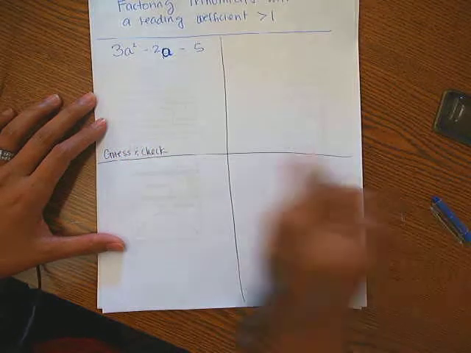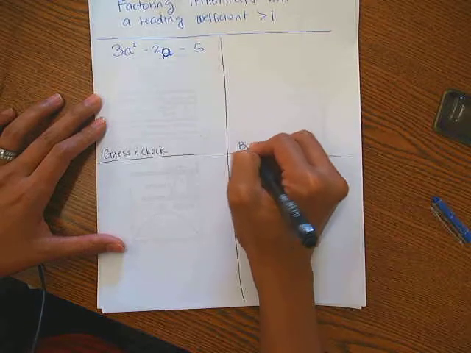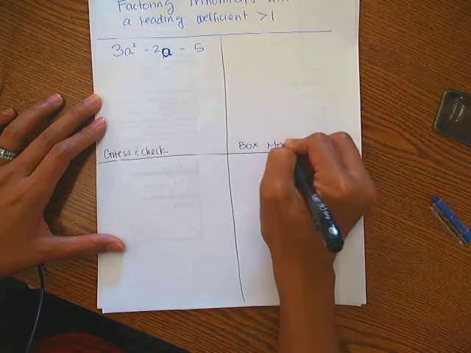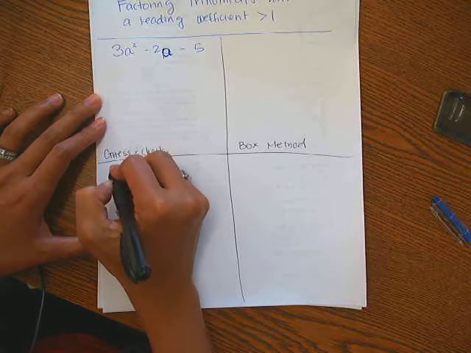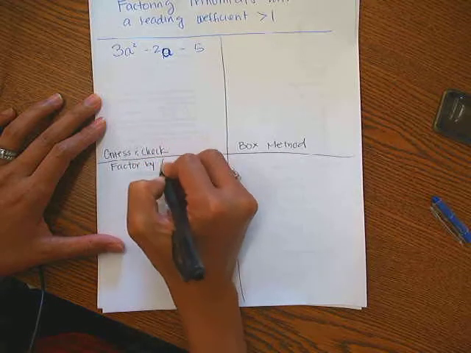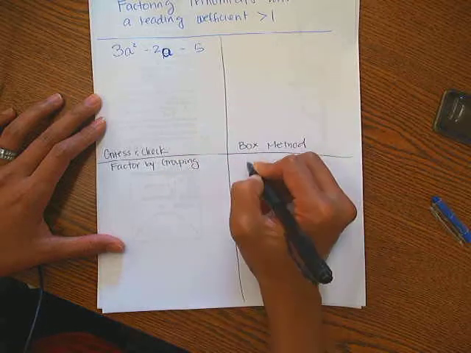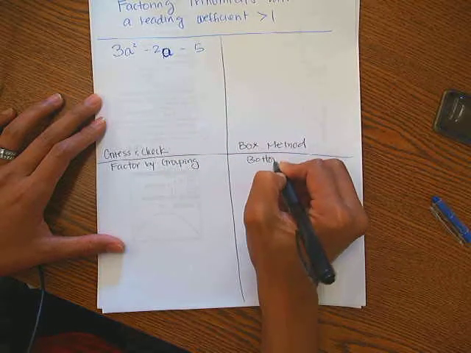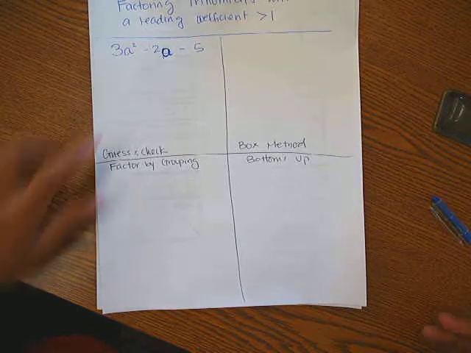This over here I'm going to show you how to do it with the box method, and this on the bottom I'm going to show you how to factor by grouping, and this one is called bottoms up. So 4 different ways to factor one problem.